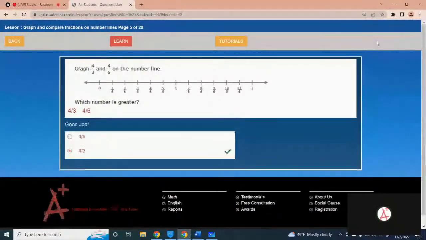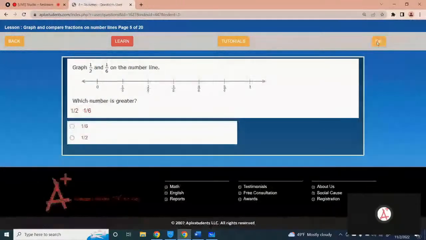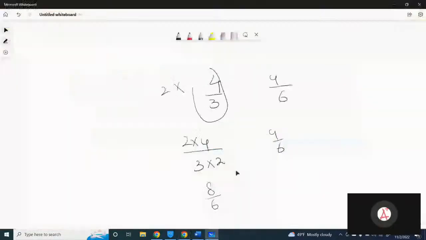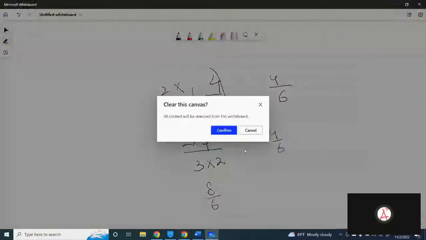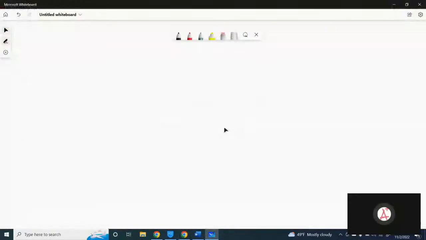Okay, you can complete the test by yourself later today. Just moving on to the next topic. So the next topic is, let me write down the lesson name on the board. The lesson name is Compare Fractions Using Benchmarks.